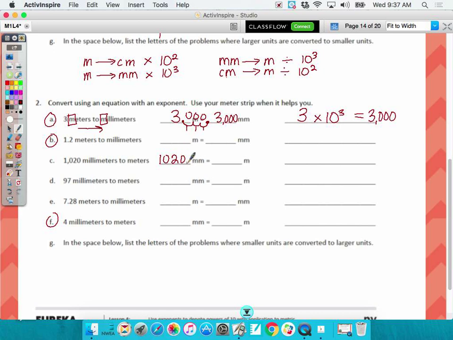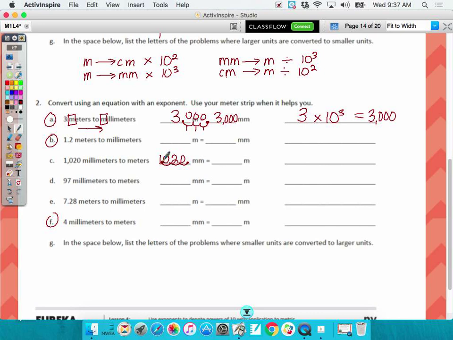I would just put the decimal so I could do my problem. By the way, what is millimeters to meters? Division, so 1, 2, 3. Just so you could see why I don't want the comma there, because guess what's going to end up in the exact same place as the comma? The decimal. So it might be a little confusing.